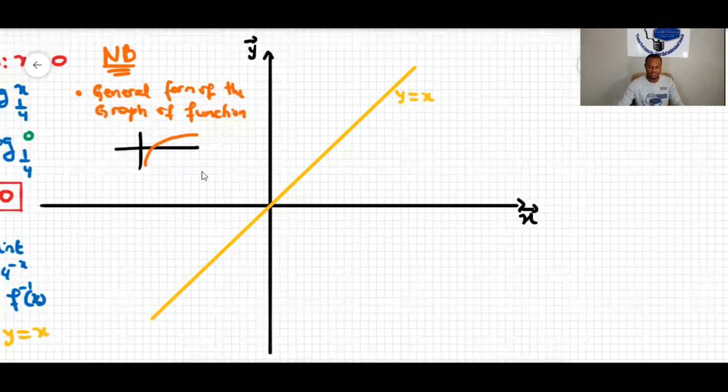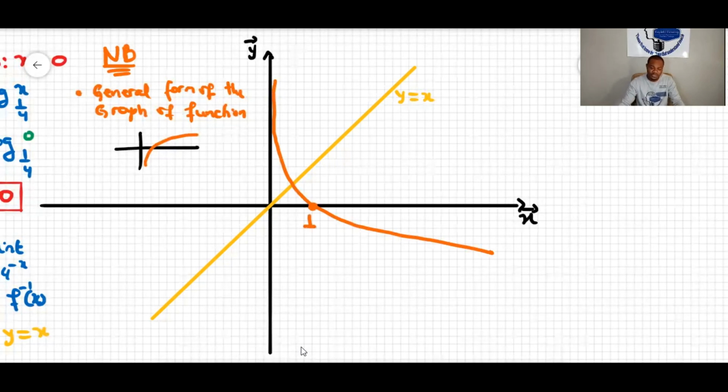So instead of increasing, it will descend. It's going to be decreasing. Okay, so I'll draw a rough sketch. It's going to be something like that, going down, and passes through 1 here, the x-intercept.